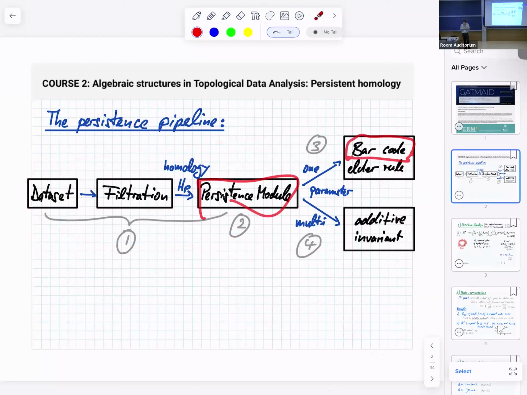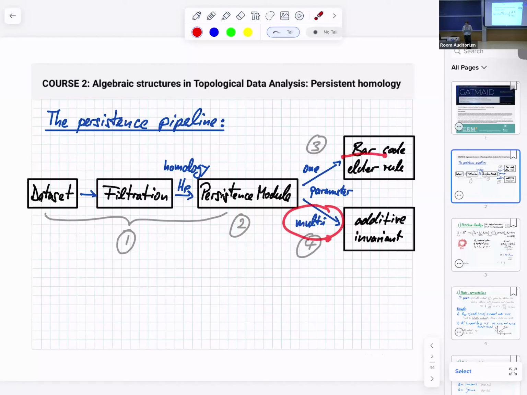We do have a barcode. Very nice. And if you are in any other situation, if you have a bifiltration, a more complicated filtration, then there is just no barcode. And then we have to develop some other machinery, some other tools. And that would be the multiparameter persistence theory.